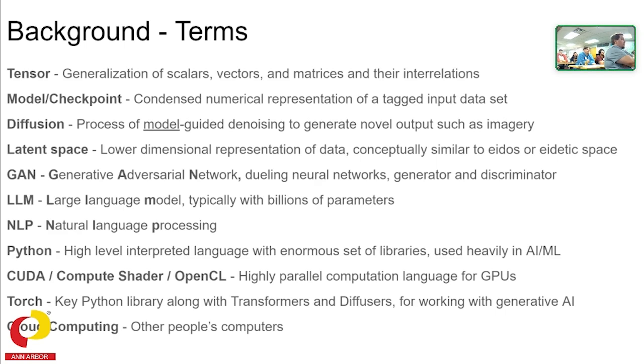If you want a sense for how big of an economic deal this all is. Torch, along with transformers and diffusers, are some of the key libraries for working with ML and AI that everything uses. And of course, cloud computing is just other people's computers.